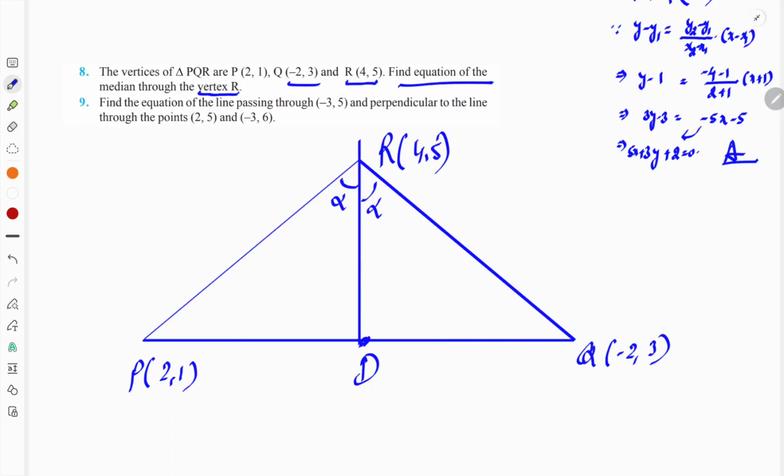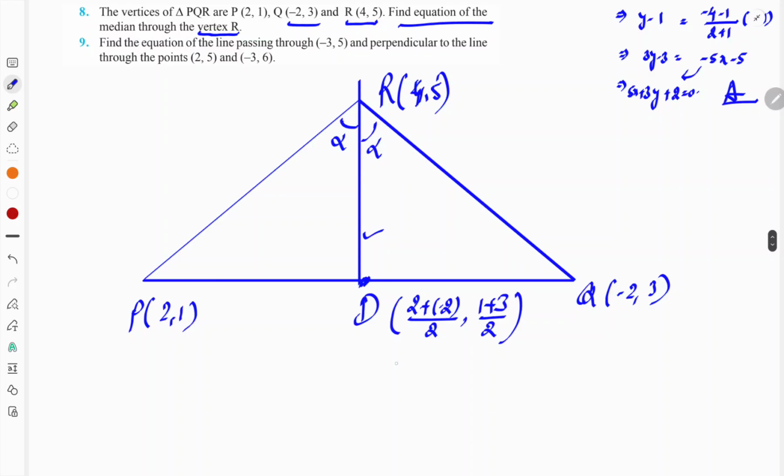To find the equation of RD, I need the slope of this line, and (4, 5) is already known, or I need point D. Point D is very easy to get. How? (x1 plus x2) by 2: (2 plus -2) by 2, comma (1 plus 3) by 2.